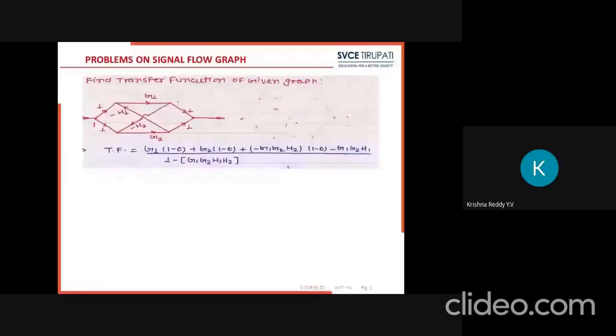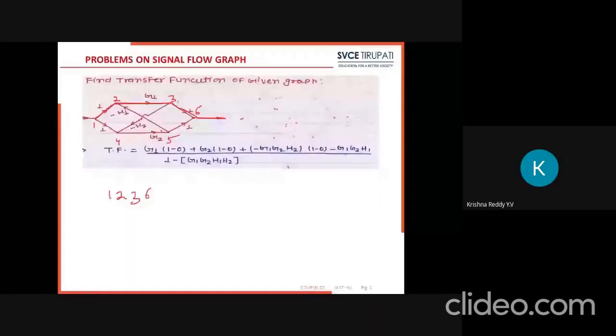So try it: node 1, node 2, node 3, node 4, node 5, and node 6. 1, 2, 3, 6 is one forward path. Next, 1, 4, 5, 6. This is the second forward path.